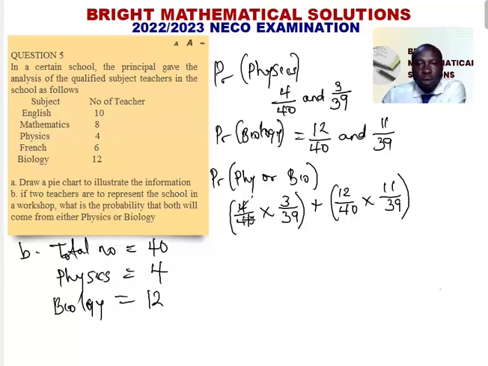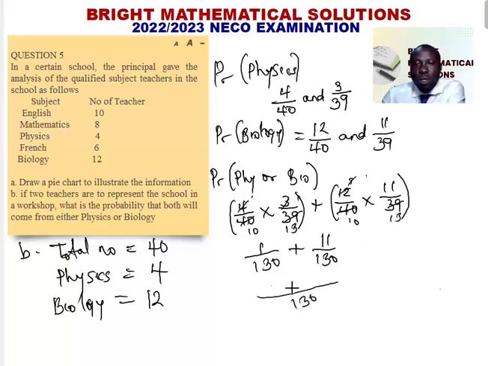4 here 1, 4 here 10, 3 here 1, 3 here 13. So we have 1/130 plus, 4 here 3, 4 here 10, 3 here 1, 3 here 13, plus 11/130. So let us find the LCM.